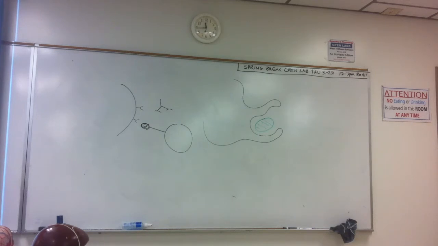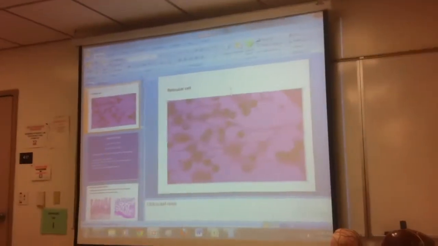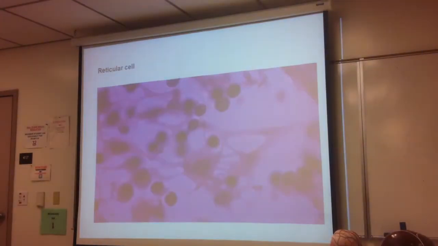Does anybody remember what reticular cells are? Reticular cells we first discussed in Bio430 when we were talking about different types of fibrous connective tissue. They're found in the spleen, in the lymph nodes, in the tonsils. Let me turn the lights down here.